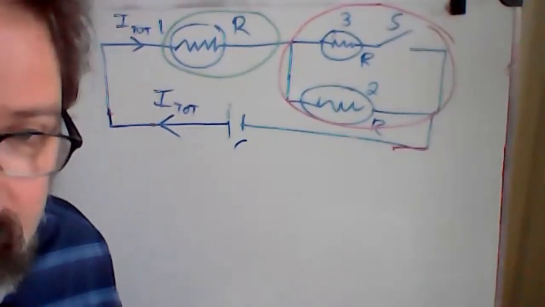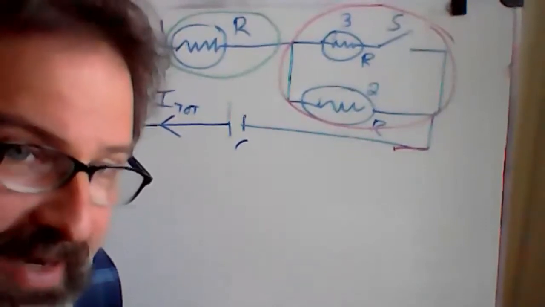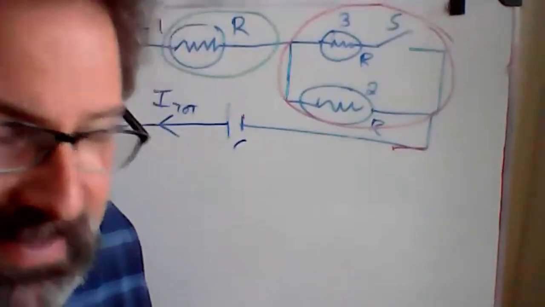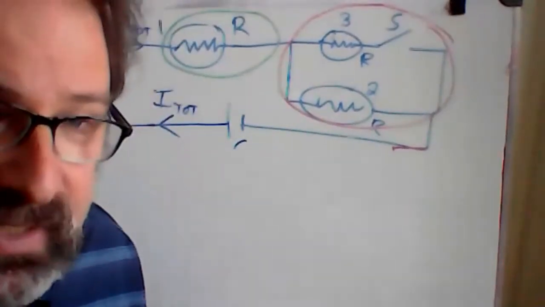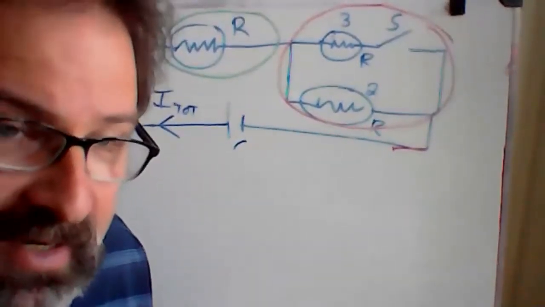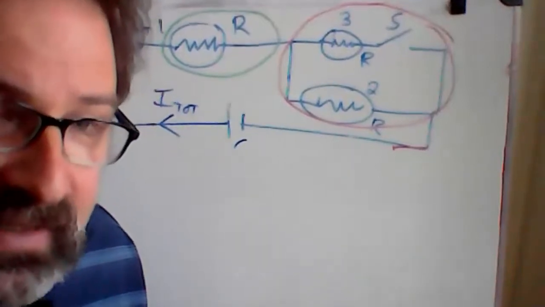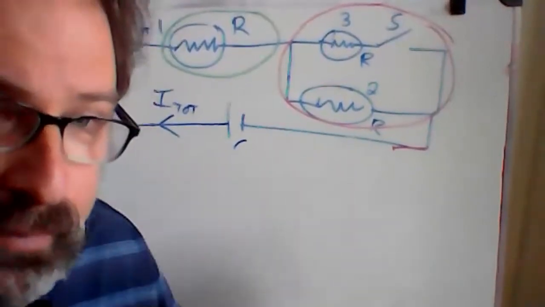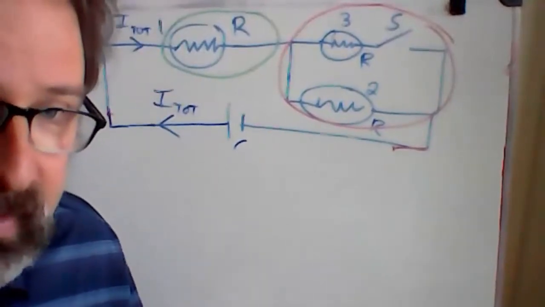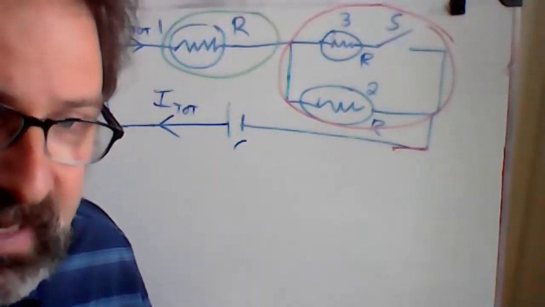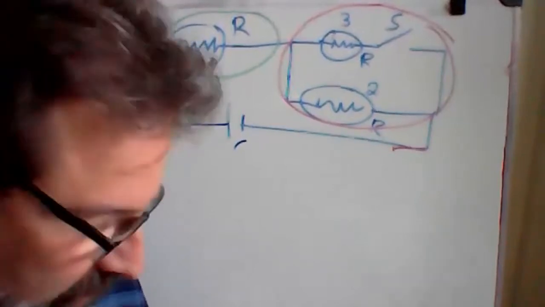So current increasing made the light bulb brighter, but what does that mean? Well, it made the light bulb brighter because more current means more power according to the equation P is I squared times R. So it's a proxy. Current increase is a proxy for power increase, which is a proxy for the increase in brightness. That's kind of a wordy connection statement there.